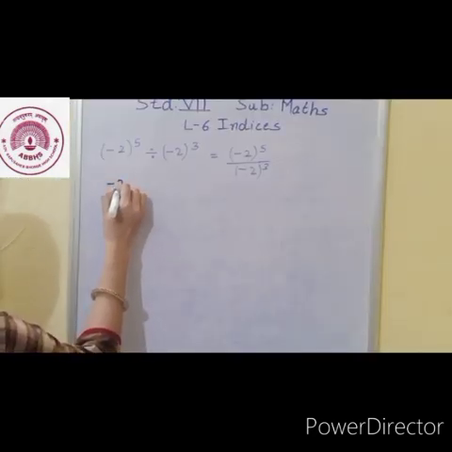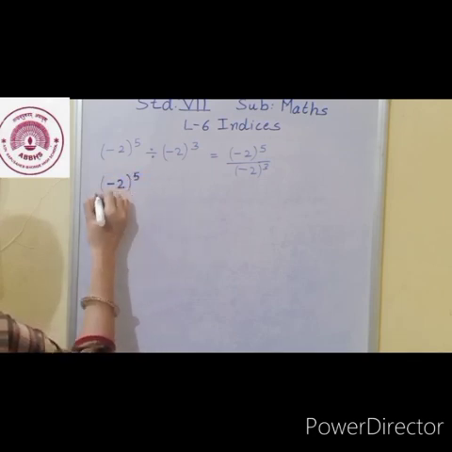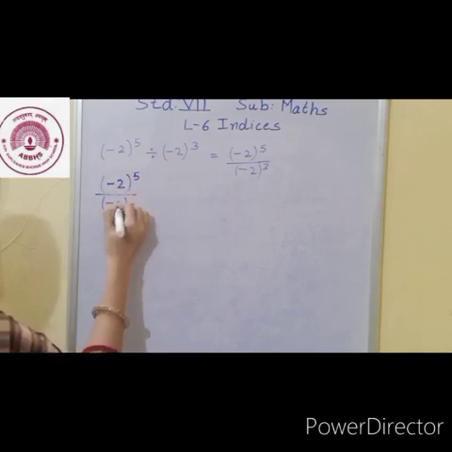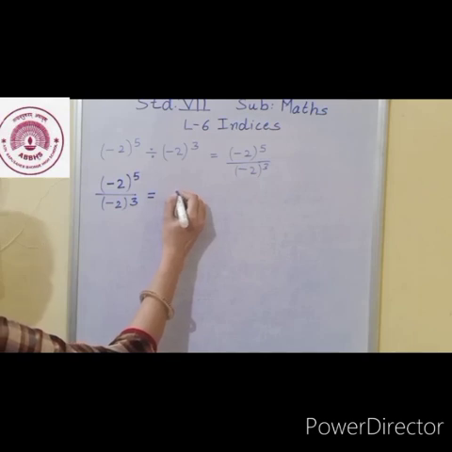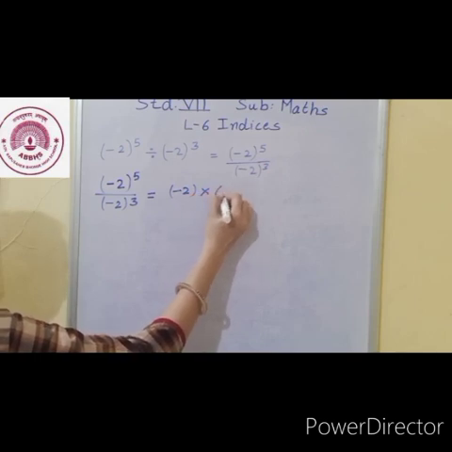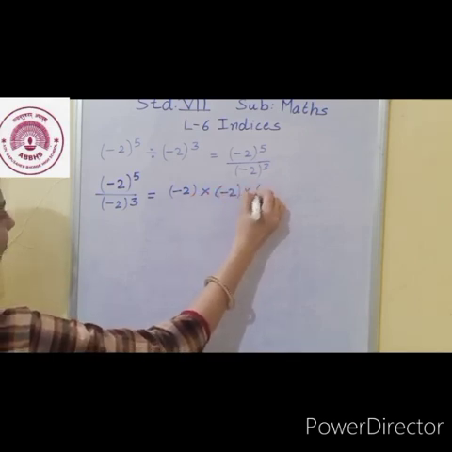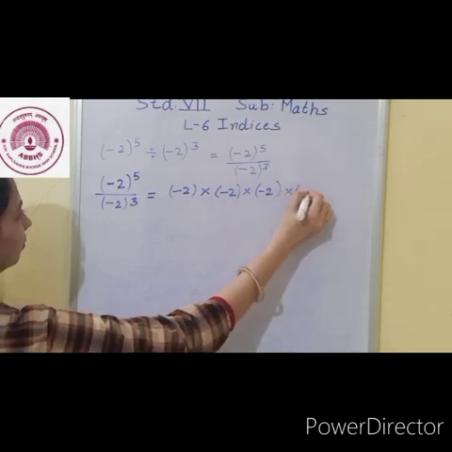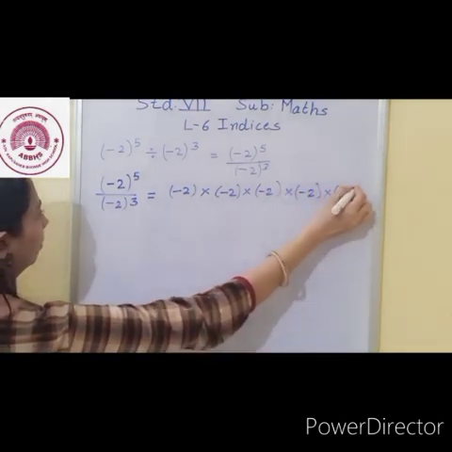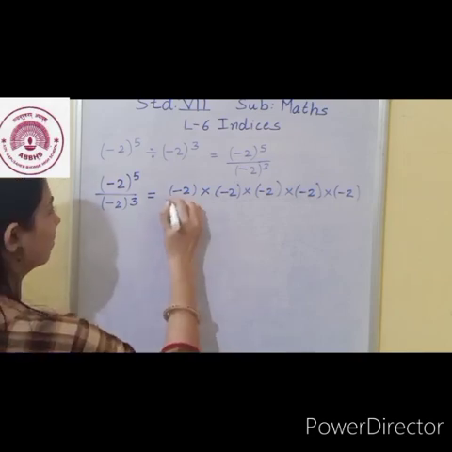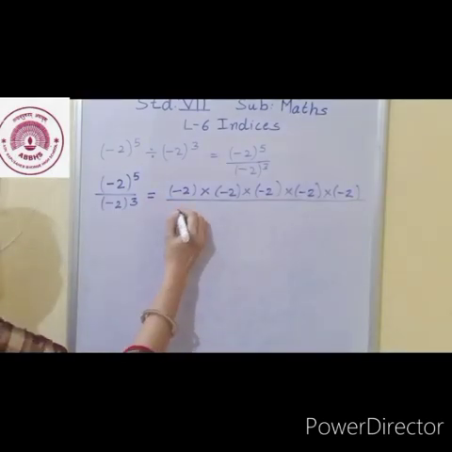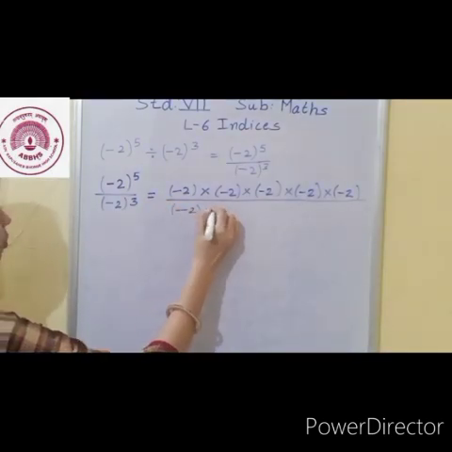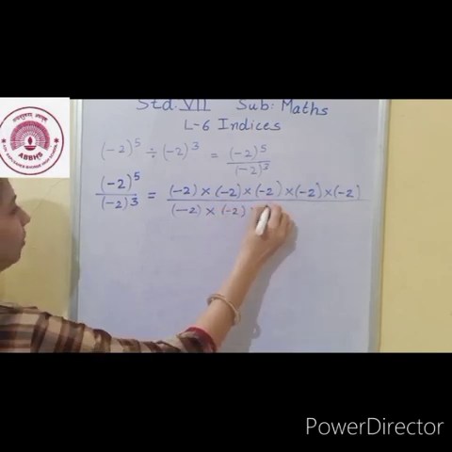Now, in multiplication form, minus 2 raised to the power 5 can be written as minus 2 multiplied by minus 2, 5 times. Similarly, minus 2 raised to the power 3 can be written as minus 2 multiplied by minus 2, 3 times.